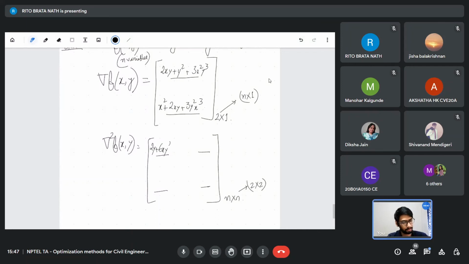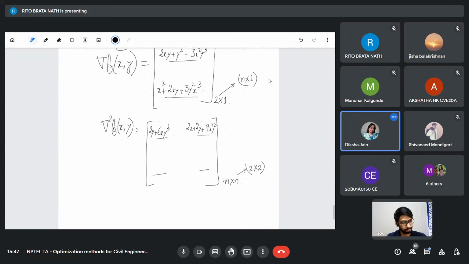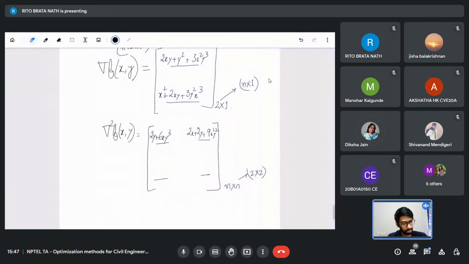6xy cube. Okay, this one. Yes, that's correct. And what will be the value here? This one.